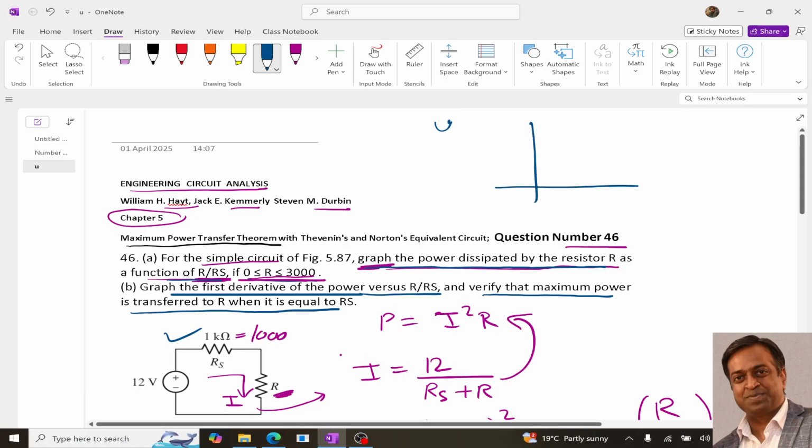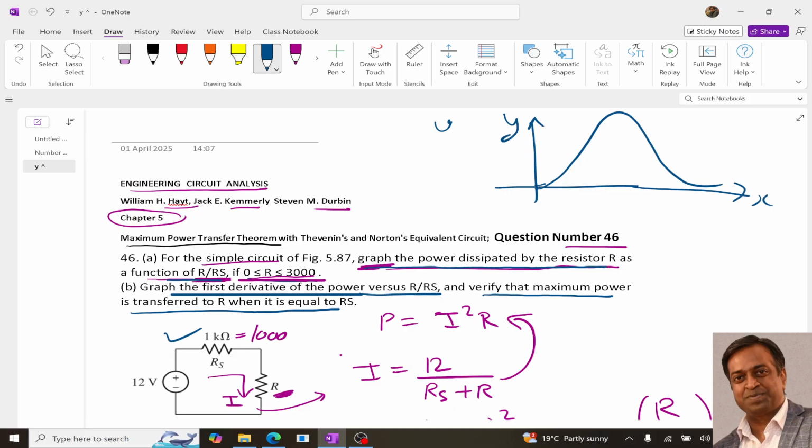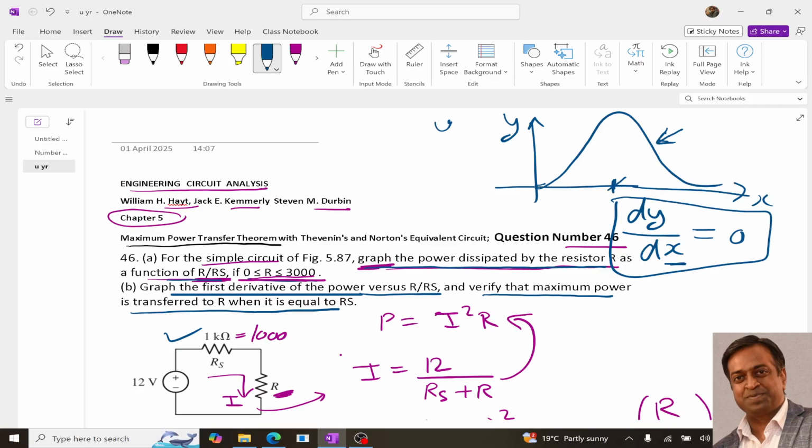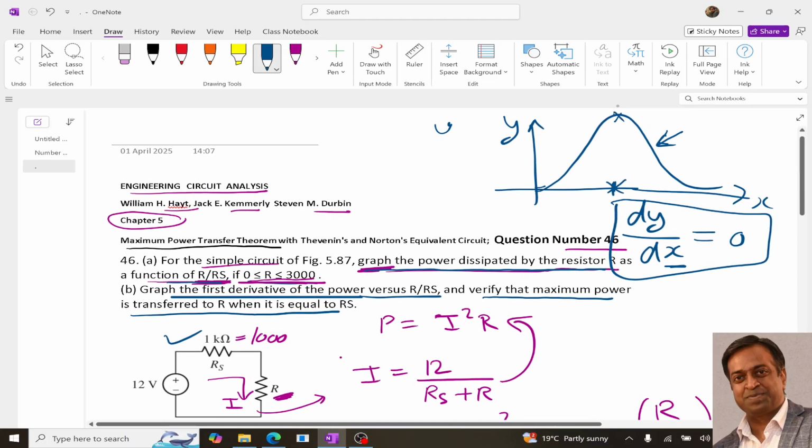suppose we have a graph like this, right? And this is y, this is x. Now if we differentiate this curve, whatever the equation of this curve is, if we take the first derivative and equate it to 0, with this we will be able to get the value of x, and that value of x will give us the location where y is maximum, right?